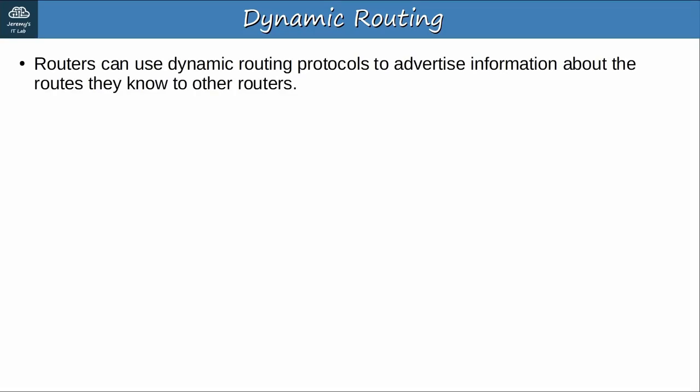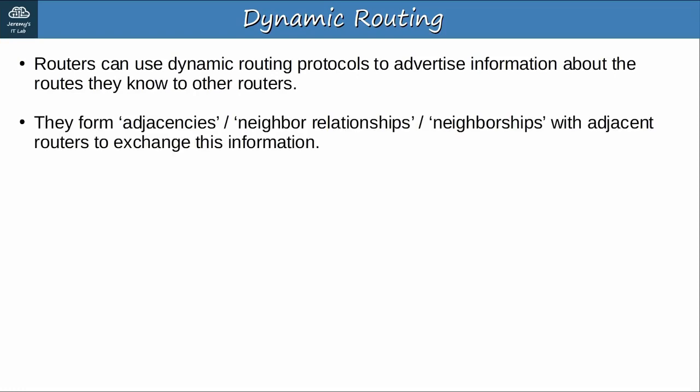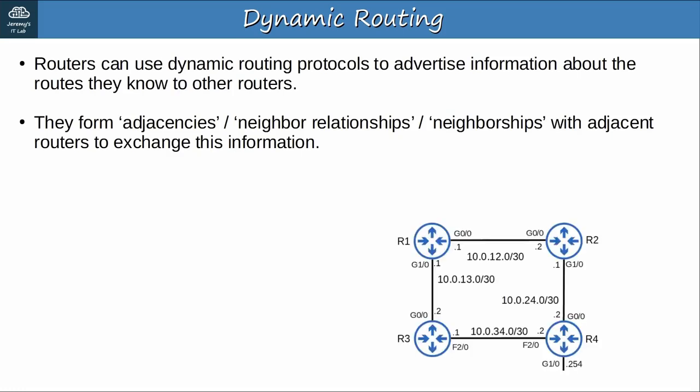Routers can use dynamic routing protocols to advertise information about their connected routes, as well as routes they have learned from other devices. They form adjacencies, also known as neighbor relationships or neighborships, with adjacent routers to exchange this information. For example, in this network, R1 will form adjacencies with R2 and R3, its directly connected neighbors.